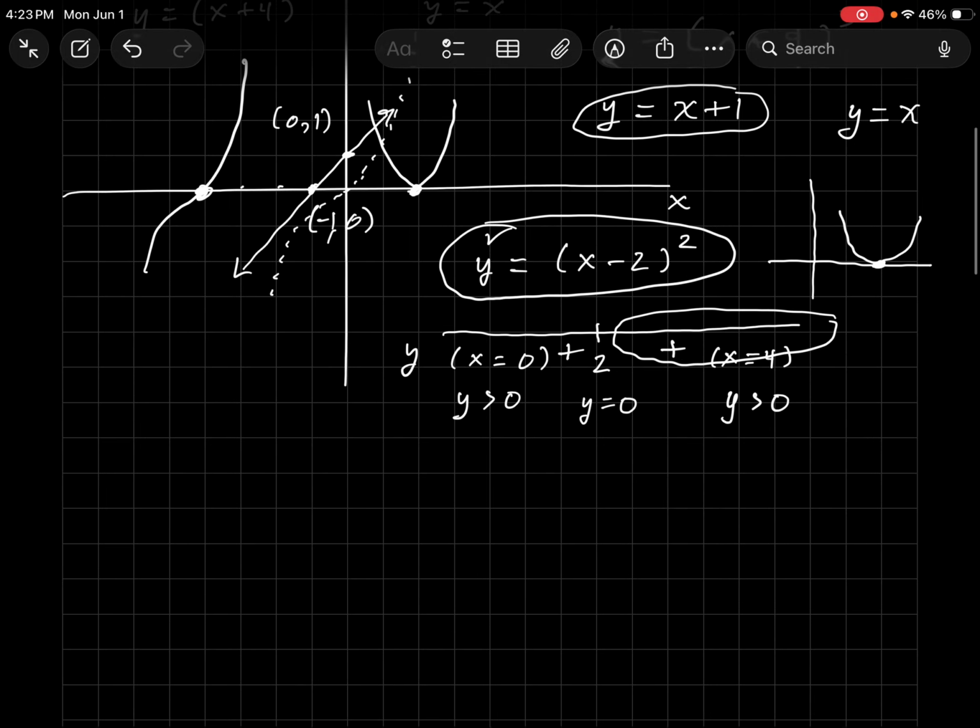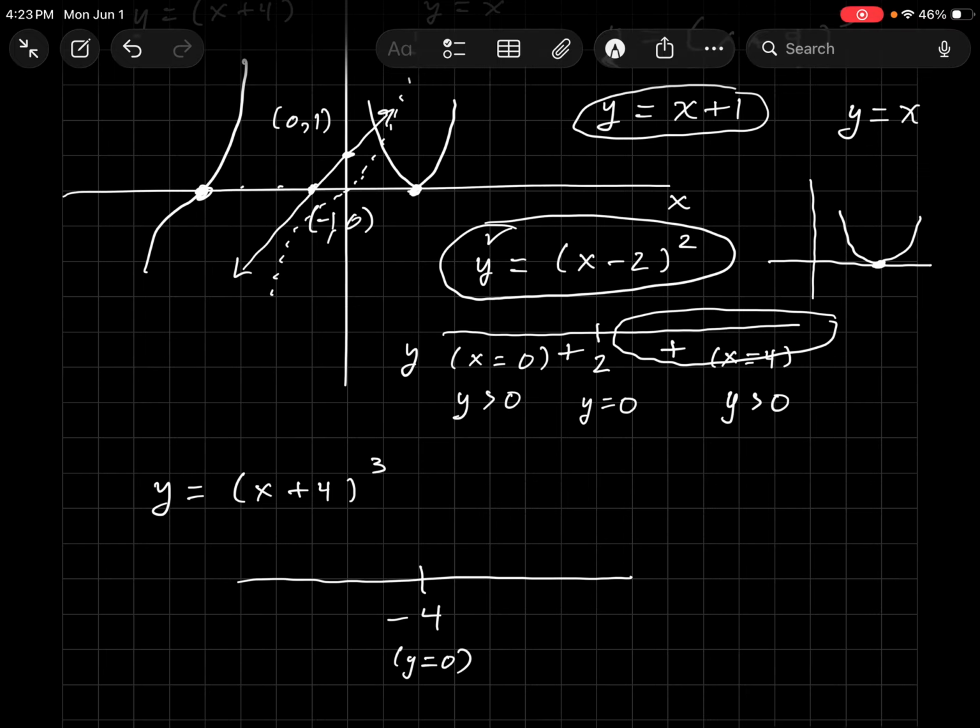But what if I were to do this with y equals (x plus 4) cubed? I want to make a sign chart. I'm going to put my 0, that is x equals negative 4 gives us y equals 0. It is the only 0, so I can choose any value bigger than negative 4. I'm just going to choose x equals 0.